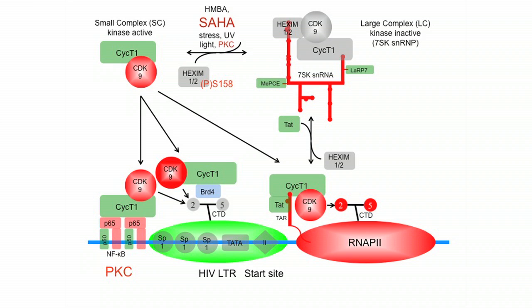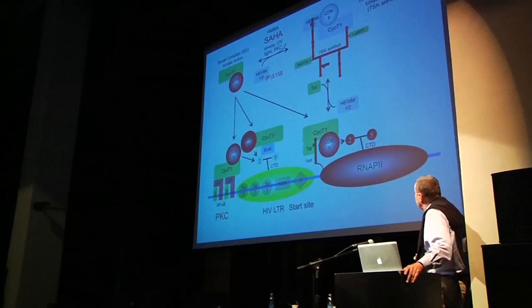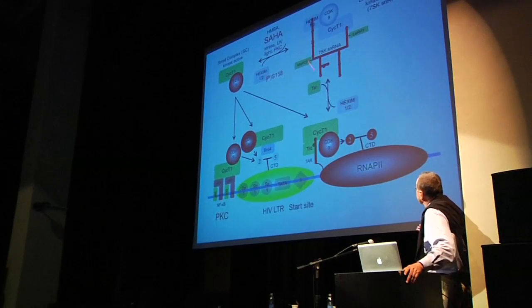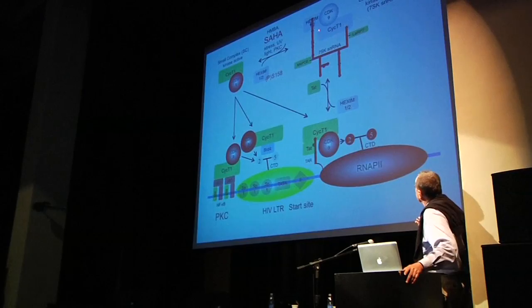In fact, I would actually suggest that the HIV virus stole the entire system from 7SK, because this loop which binds HEXIM is indistinguishable from TAR, and TAT goes there, competes with HEXIM for the binding of P-TEFb, and now takes P-TEFb directly to the HIV LTR and is able to sustain HIV replication, even though most P-TEFb has been reassembled because of increased amount of HEXIM into the large complex.